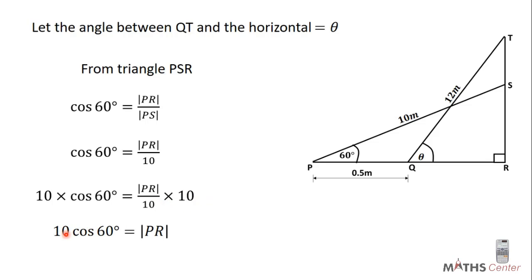So 10 cos 60 degrees will give us PR. If you find 10 cos 60 degrees on your calculator, you are going to have 5. Don't forget the units we are working in, so 5 meters. It means that PR is equal to 5 meters.